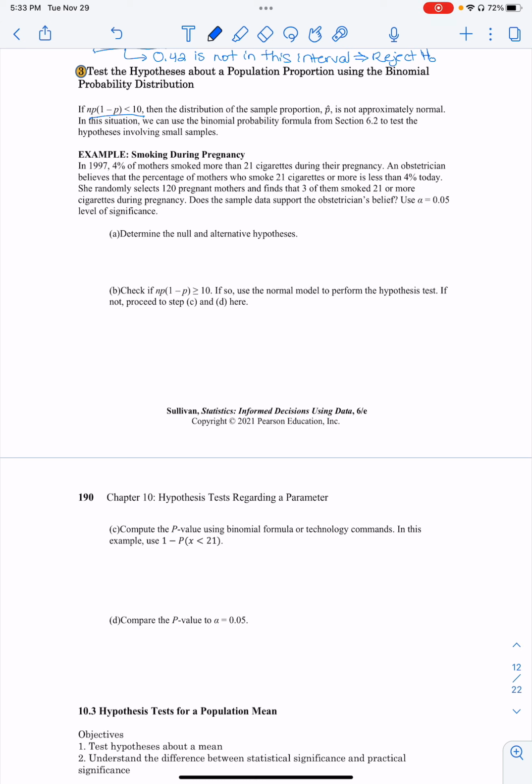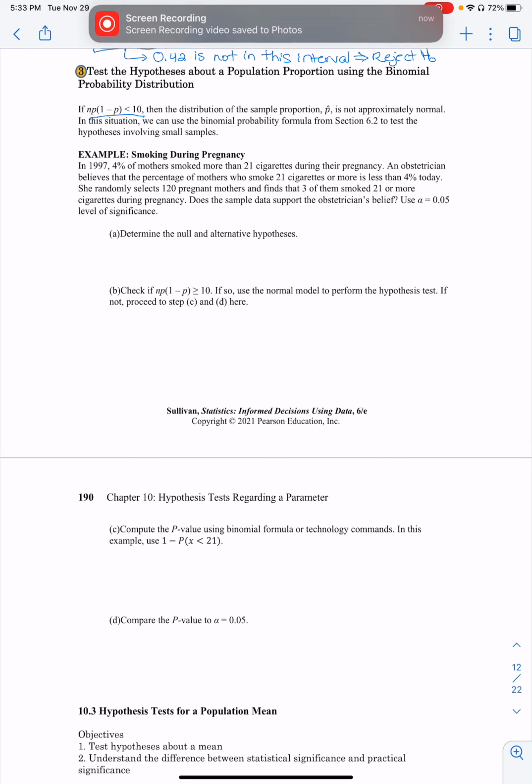we have small samples. So here we have 4% of mothers smoked more than 21 cigarettes during their pregnancy, and an obstetrician believes the percentage of mothers who smoke 21 cigarettes or more is less than 4%.